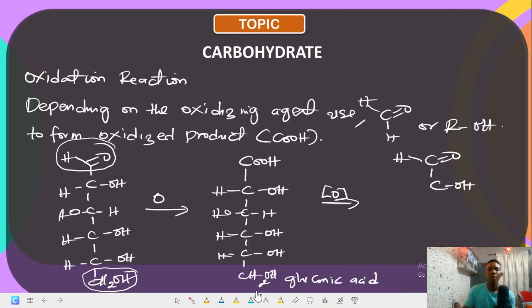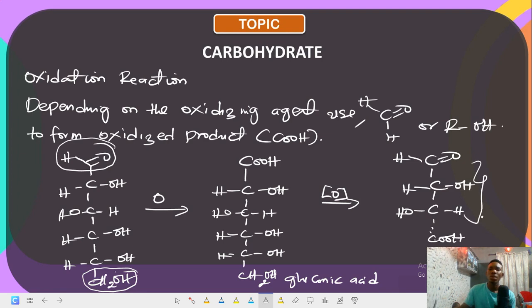There you have this H. Here will be C, H, OH, and it continues down until it gets to this carbon. Let's assume this will become C. Instead of having CH2OH now, you are now going to have COOH.